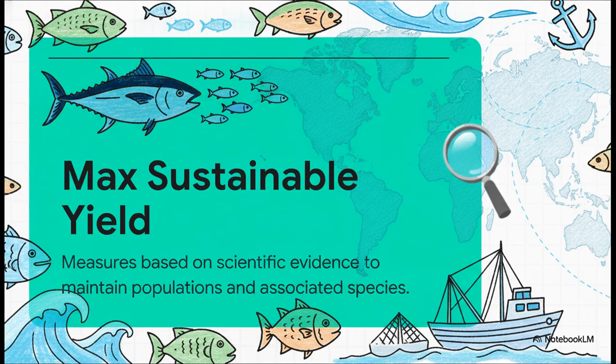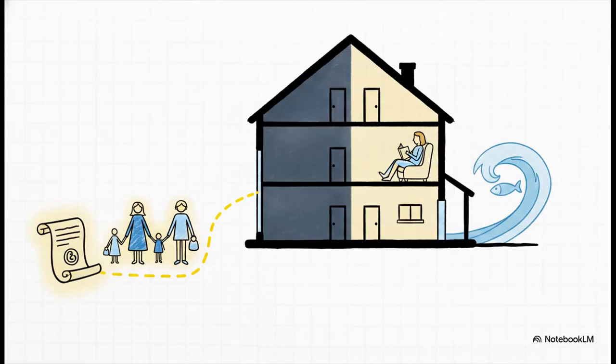Under Article 119 of UNCLOS, high seas conservation measures literally have to be based on the best scientific evidence available to maintain populations at this maximum sustainable yield. And remember the precise rule here. This calculation must consider associated or dependent species. Basically, you can't just protect the tuna if your fishing methods are simultaneously wiping out all the smaller fish they rely on to survive.